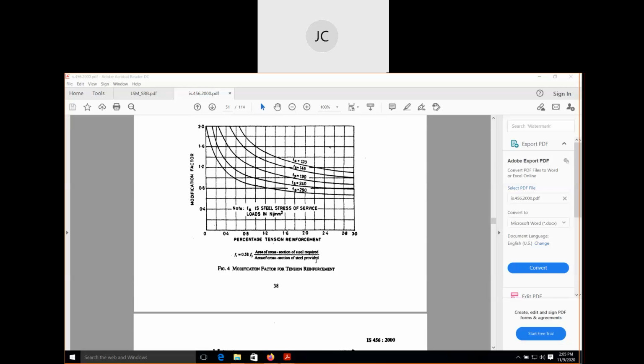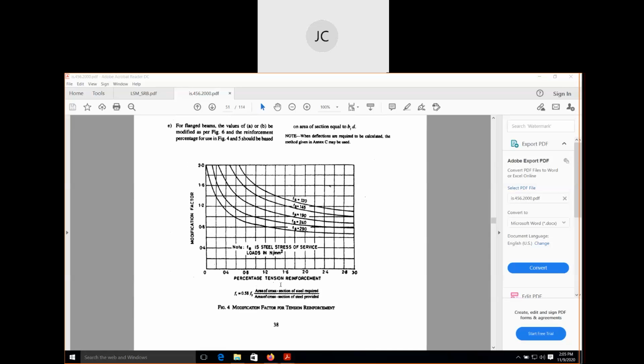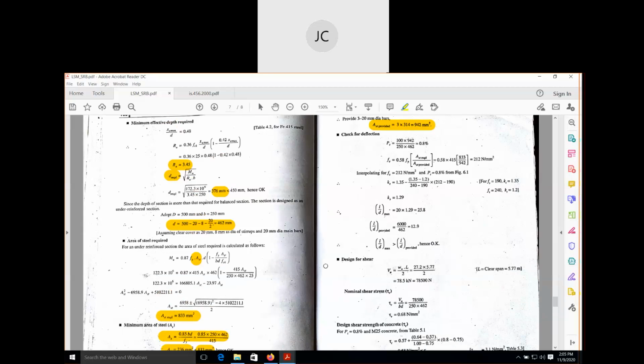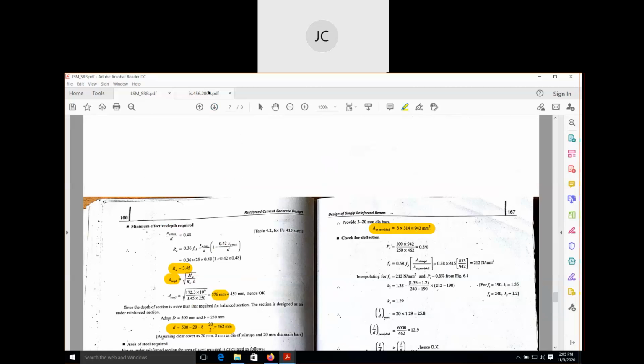Because we have to use this graph, we find out the value of stress in steel. 0.58 into Fy is 415. Cross section of steel required is 833, and provided is 942.